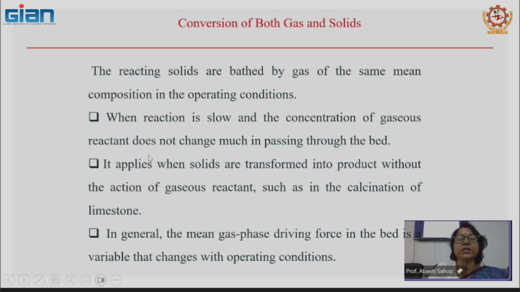As a result, when it is clouded by the gaseous reactant, the reaction will be slow and the concentration of the gaseous reactant will not change much passing through the bed. When it is clouded, because of the force of the cloud, it will be moving up.